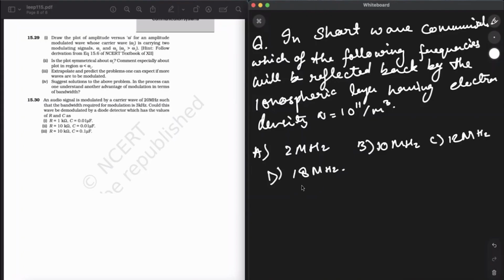Okay, so try it yourself and then see the solution. For it, just write this formula: 9 N max to the power 1 by 2. This was the formula, right? And this was FC max. So all frequencies below this will be reflected, but frequencies beyond this will not be reflected.